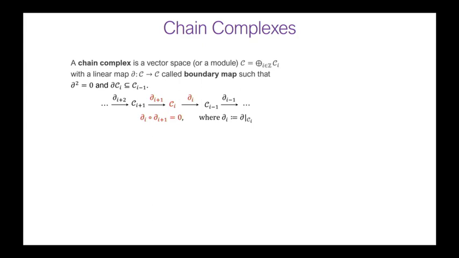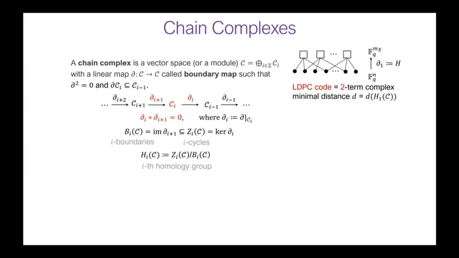Before I start discussing our construction, let me remind you of some algebra related to this construction. We need the notion of chain complexes. It's just a sequence of vector spaces with the property that two consecutive maps give you zero. We can define the groups of boundaries and the groups of cycles, and since we have this property, we can also consider the quotient group.